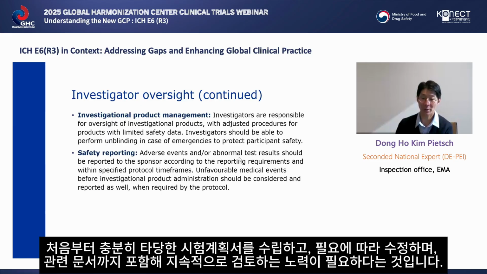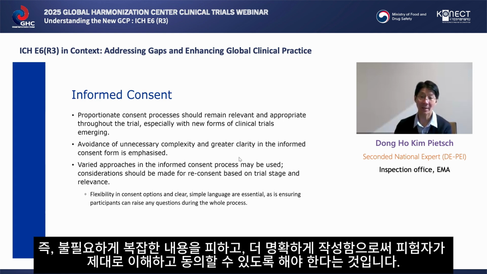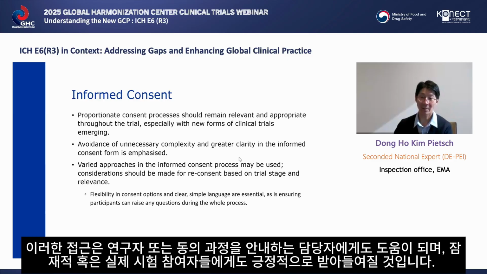Make the effort to ensure that you have a sound protocol upfront, amend it as needed, and review it, including the associated documents.